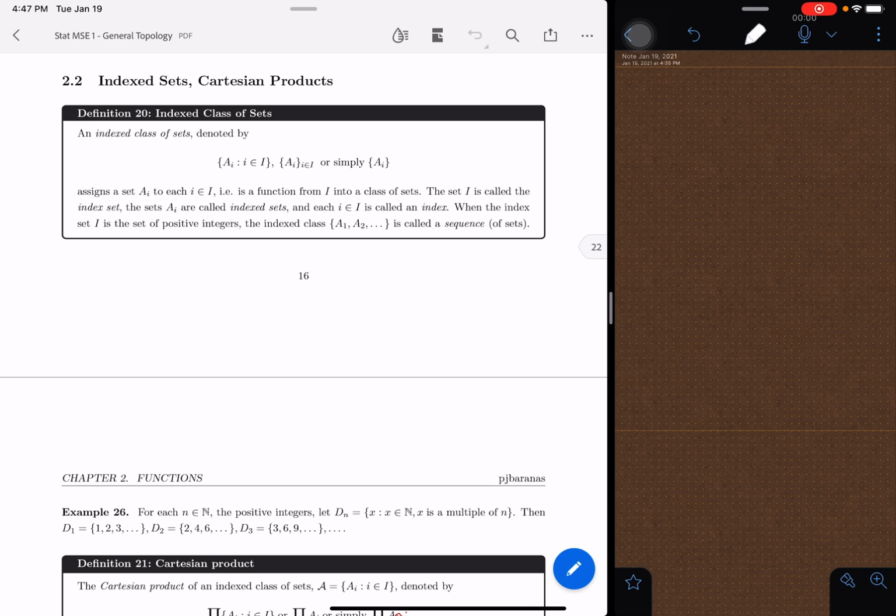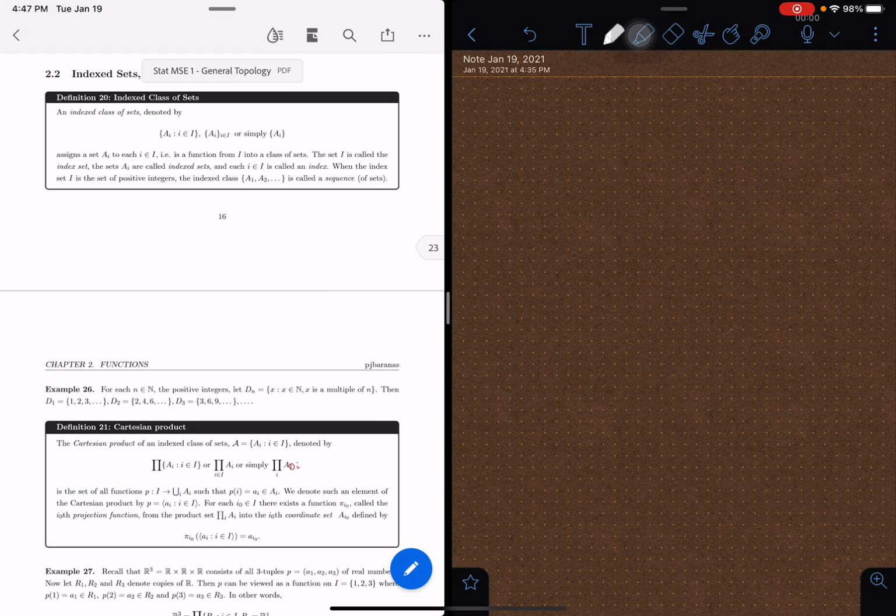So for example, if we have this collection of a sub i, where i is any natural number, then this class has infinitely many elements, and we can write them a sub 1, a sub 2, a sub 3, etc. However, we can count the elements, so this is a countable class of sets.